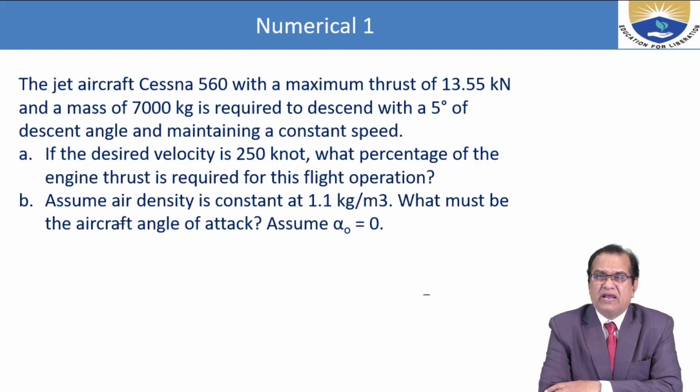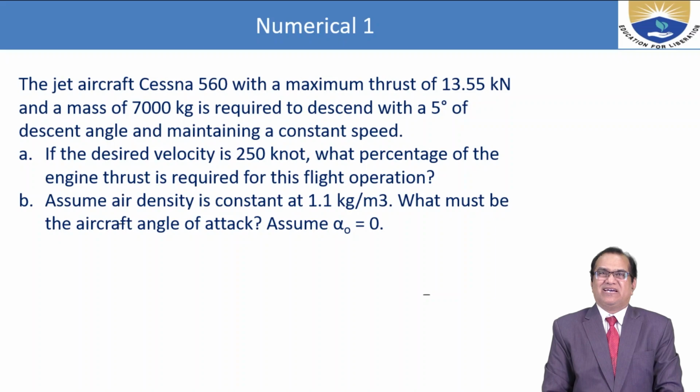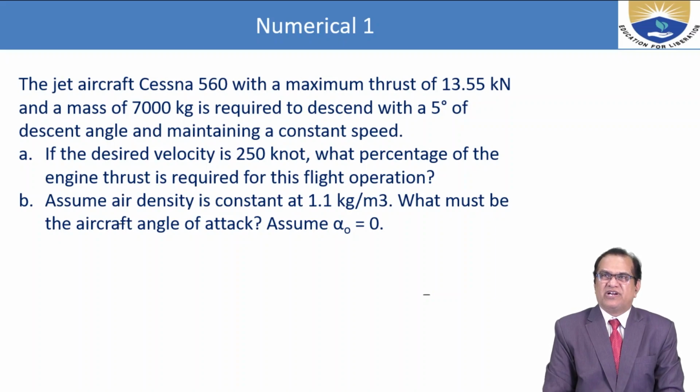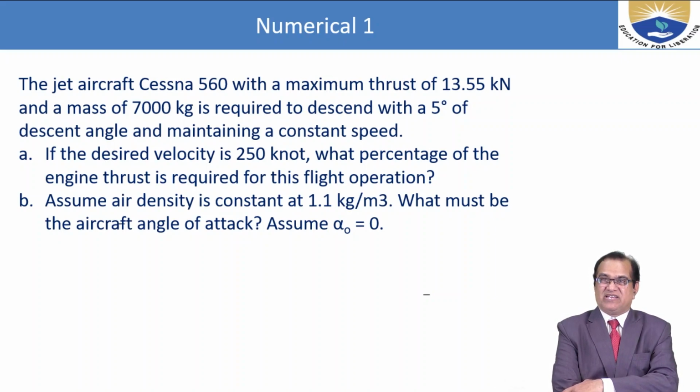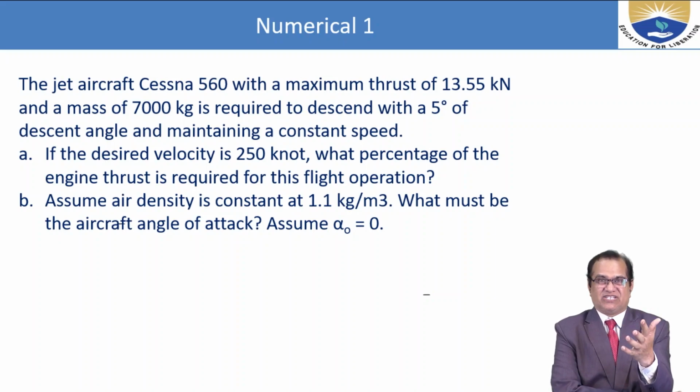Numerical number 1: the jet aircraft Cessna 560 with a maximum thrust of 13.55 kilonewton and a mass of 7,000 kg is required to descend with a 5 degree descent angle while maintaining a constant speed. Meaning there is no change in speed; it is unaccelerated flight, because we have to understand the effect of the acceleration.